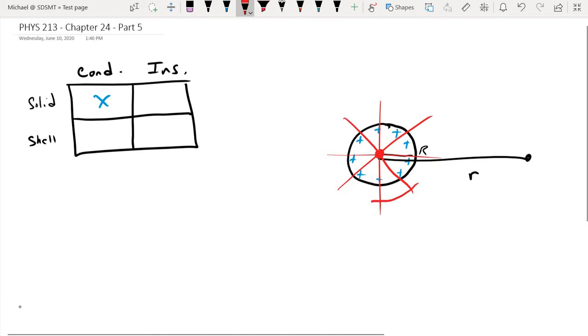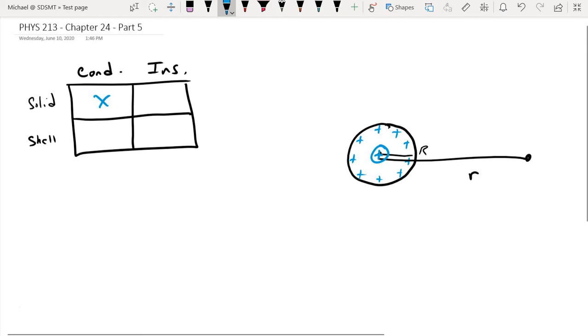This is the basis behind the argument for center of charge. In other words, we can take all of the charge of this sphere and squeeze it down to a single point in space.